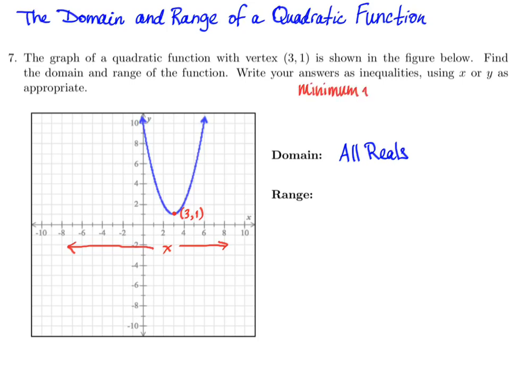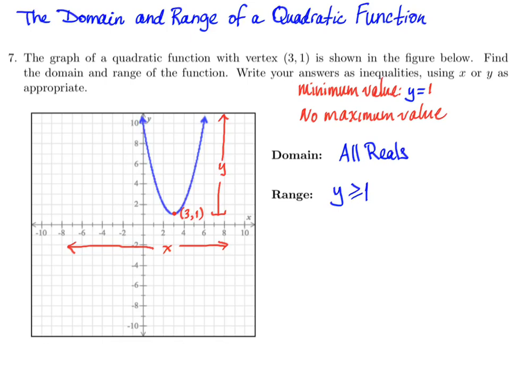The function has a minimum value of y equals 1, and it goes upward forever and ever, and it never stops going upward. So there's no maximum y value, or no maximum value of the function. It goes on forever upward, and the lowest possible y coordinate is 1. We can write that as an inequality: y is greater than or equal to 1.